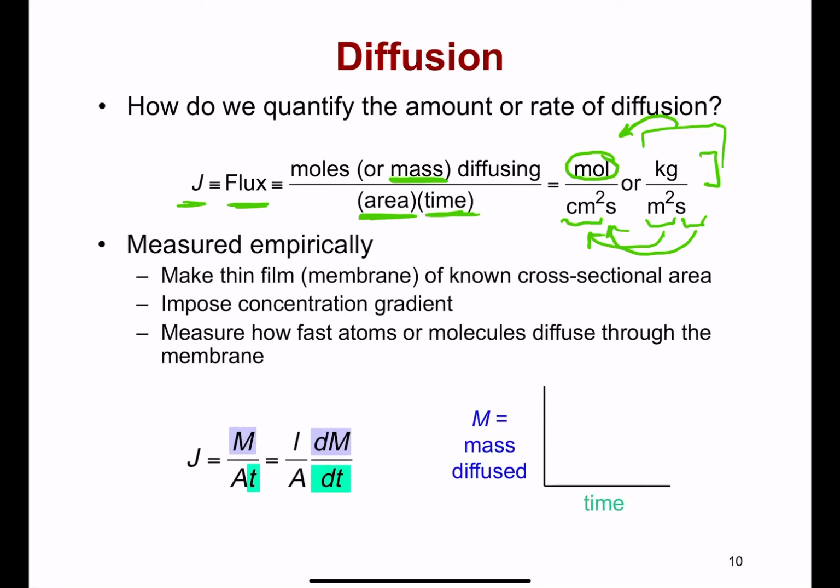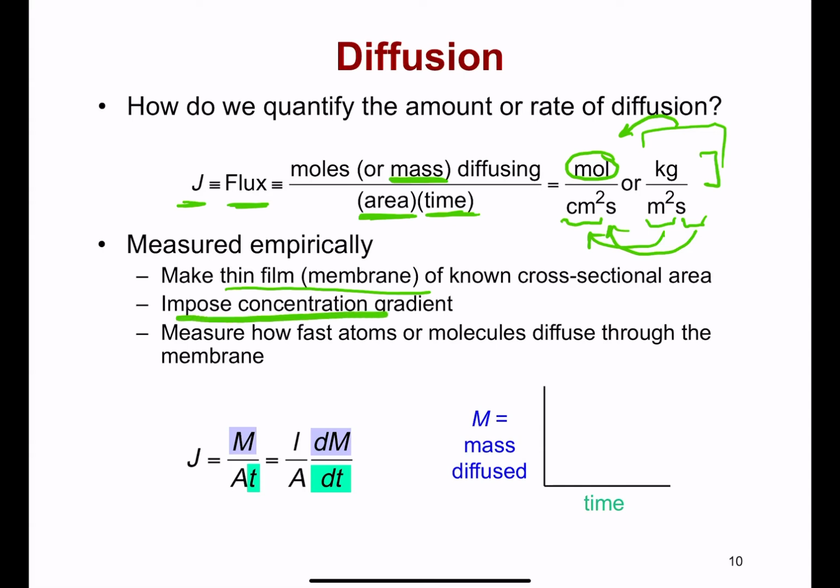So how can we measure flux of diffusion? You could measure it empirically. You could have a thin film membrane, like we've said, a barrier of known area, and we simply ask matter to move across it.